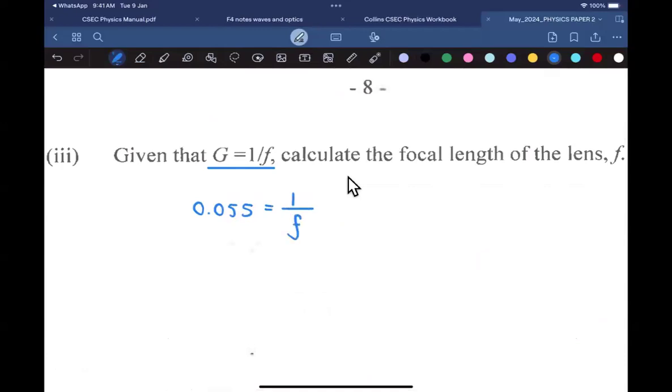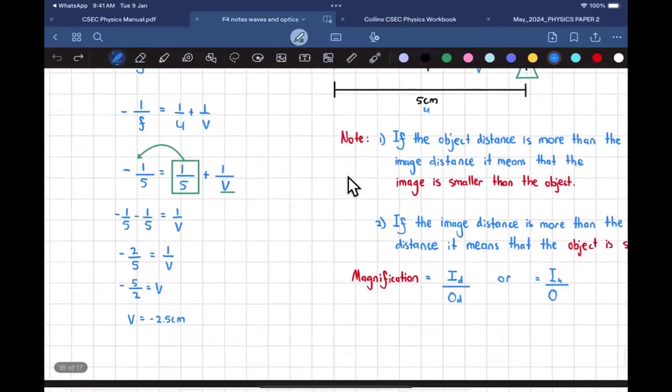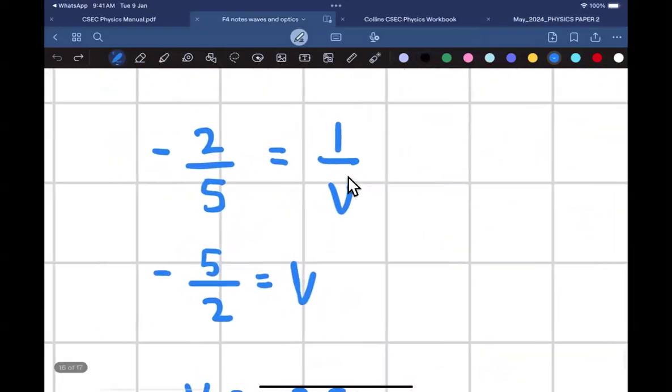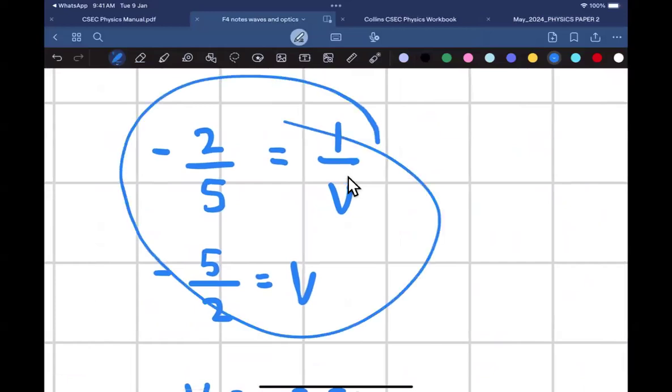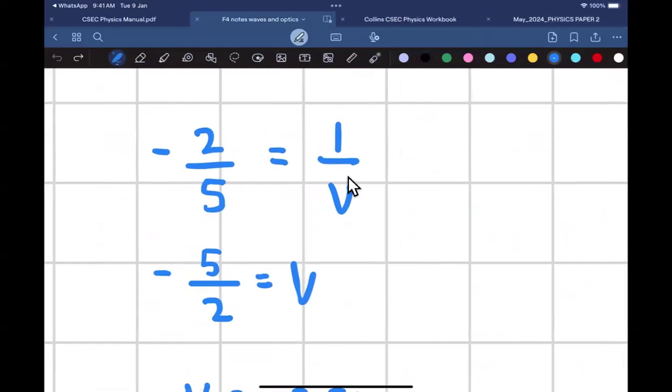Now, if I want to find F, what do you think I ought to do? Take inspiration from this question. If you have 1 over V and you're trying to find V, you flip both sides.